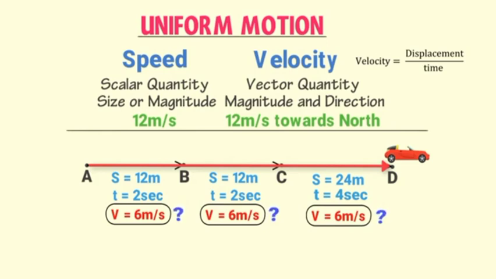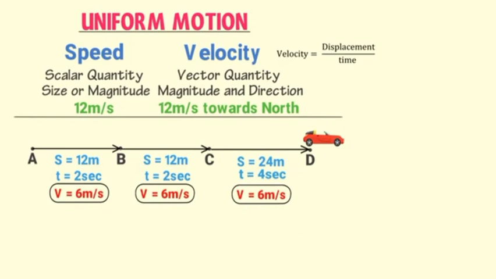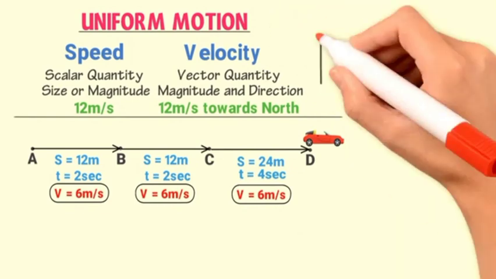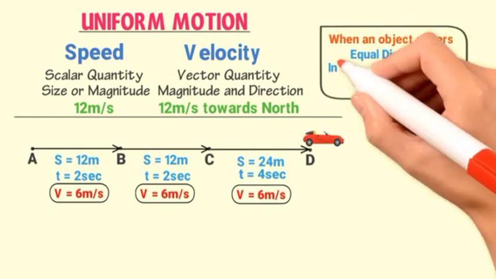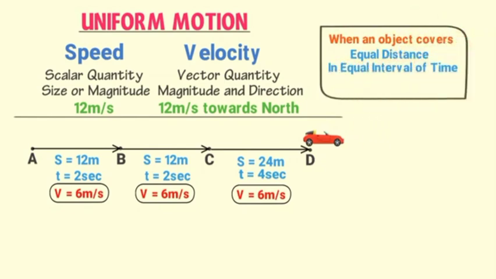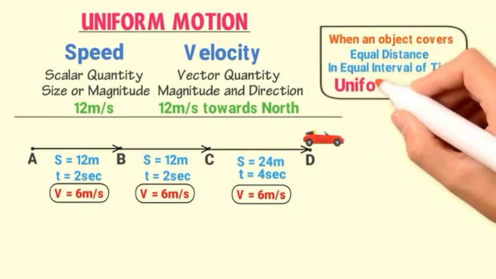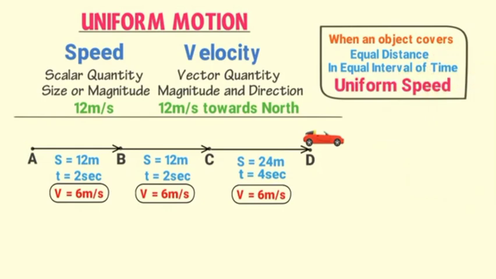Or you can say that your car covers equal displacement in equal interval of time in a proper straight direction. Therefore, when an object covers equal distance in equal interval of time, we say that the body possesses uniform speed. Hence, this car is in uniform speed.